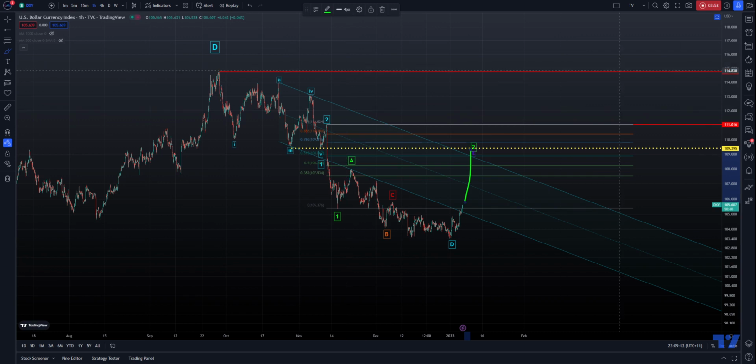For example, let's just say that this E wave starts off with three waves. It's going to correct three waves. It's going to correct three waves. Something like that, right? That can take time. And therefore it could work in the Aussie dollar still producing an E wave.